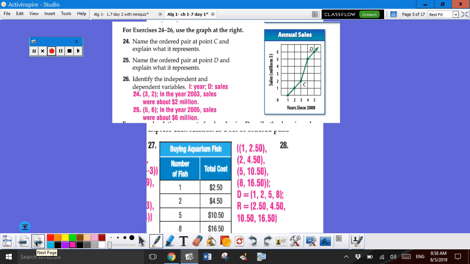Okay, looking at 24, 25, and 26, I have years since 2000 and sales in millions. So the independent variable is obviously my time. There's my independent. That's years. My dependent is sales.